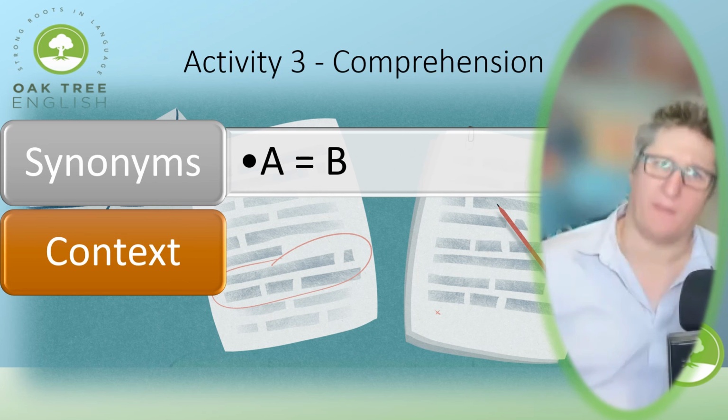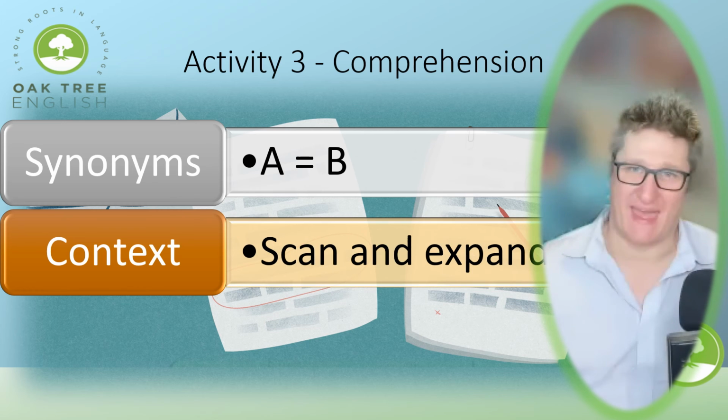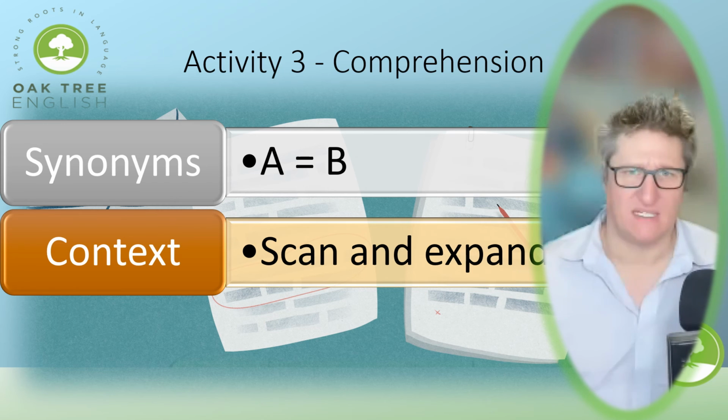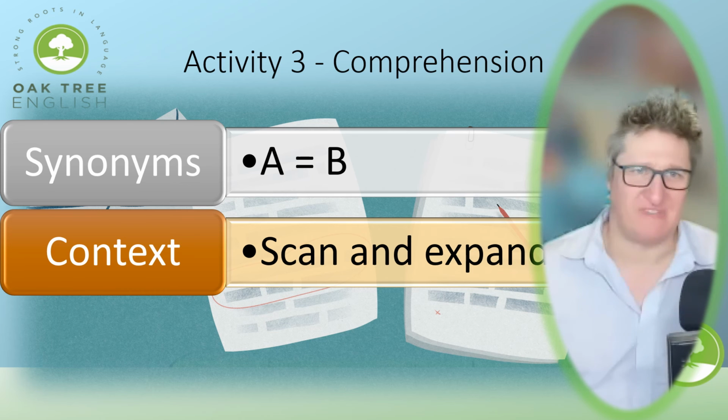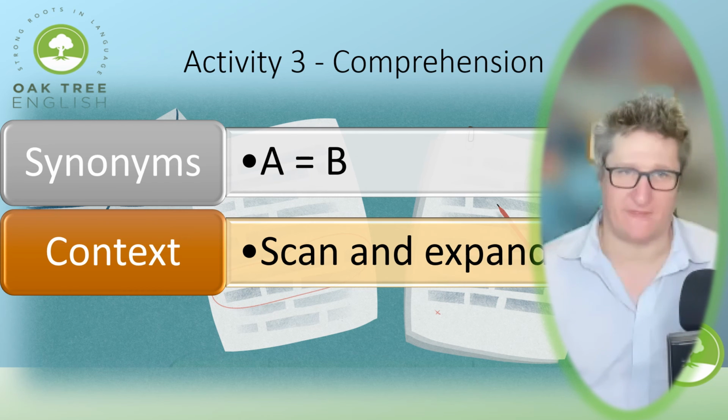So you are being asked to understand the context. To do this, you do something called scan and expand. You find the word using your scanning skill, like the radio, and then you expand to read the sentence that it is in and mentally replace it with the 4 words. And then you choose the one which best fits that situation.